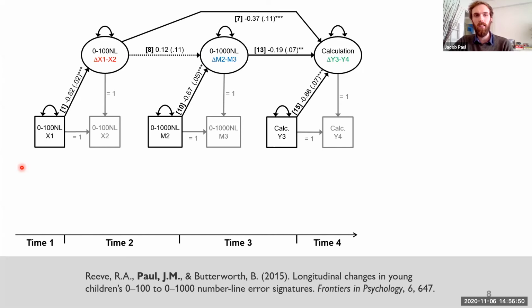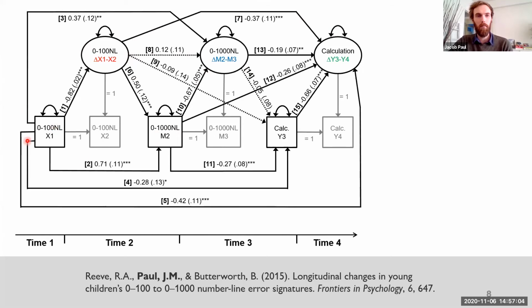Instead, what we can do now is start to look at predictions and say, how well does change in one task predict performance or change in another task? We can also ask, how does change in one task predict future performance? And also, how well does prior performance predict the amount of change in future tasks? So instead of having a single test or a series of t-tests, we've got an entire model here that is trying to at least capture the types of change we're seeing.